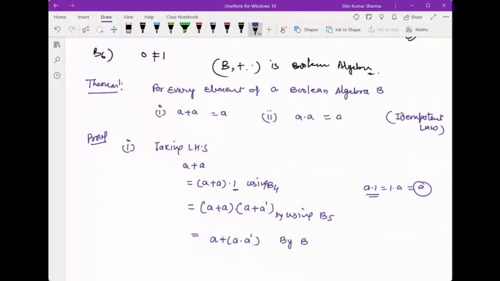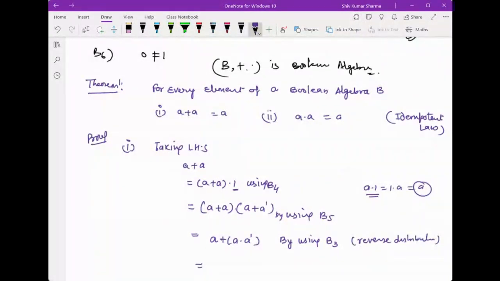By using B3 we applied the reverse distributive.